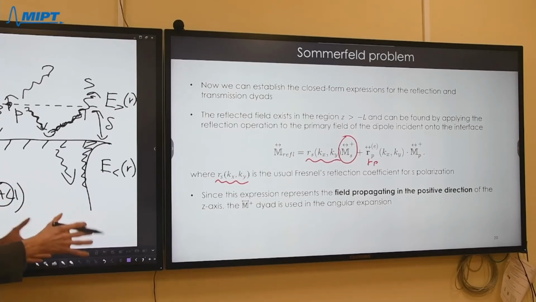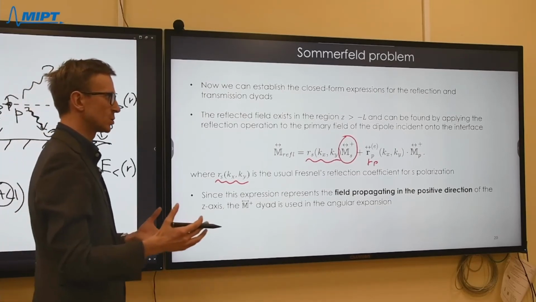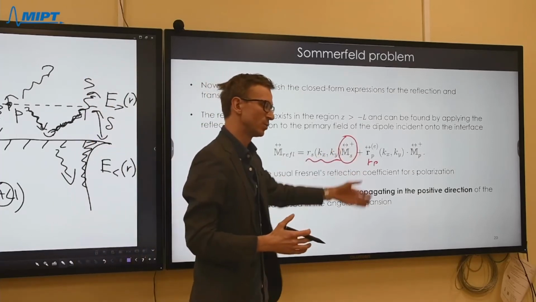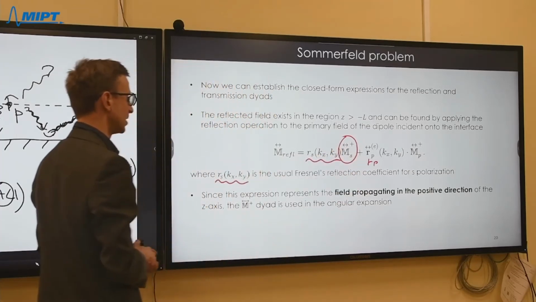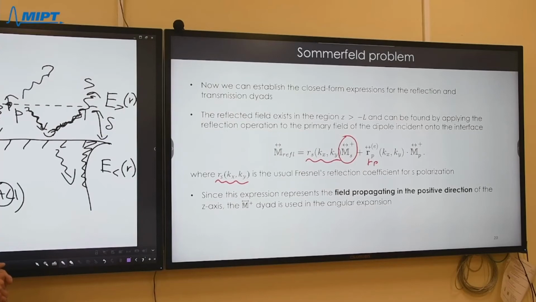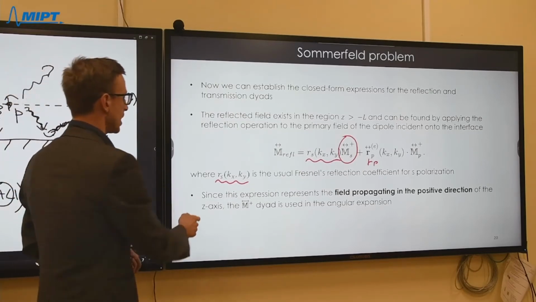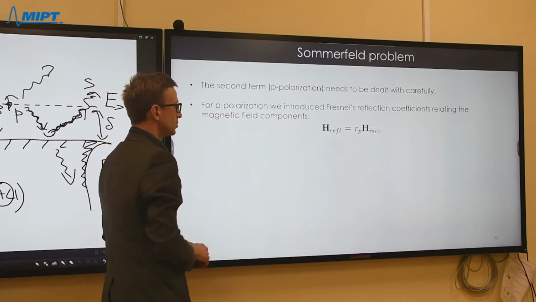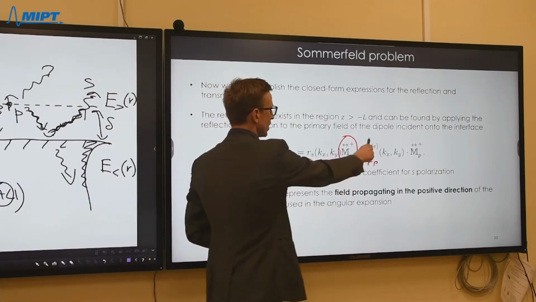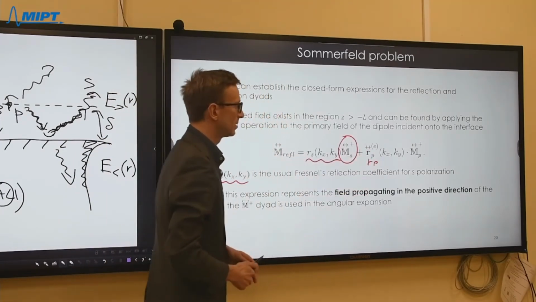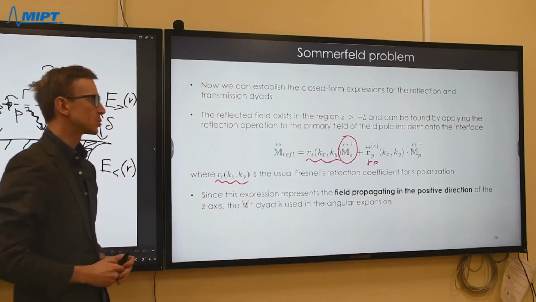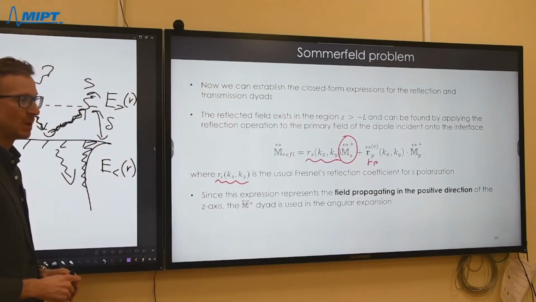But we're dealing with the electric Green's tensor. So we can't use Rp, that would be wrong. We need to do something else. And in order to do that, we need to derive a certain operator that relates the Cartesian components of the electric fields of a p-polarized wave.